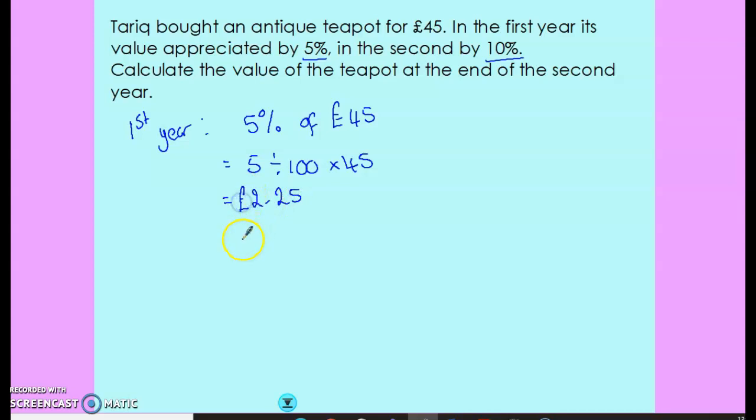So it's increased in value by £2.25. It was worth £45, so we're going to add that on. It's now worth £47.25.